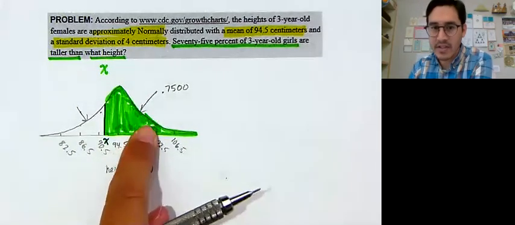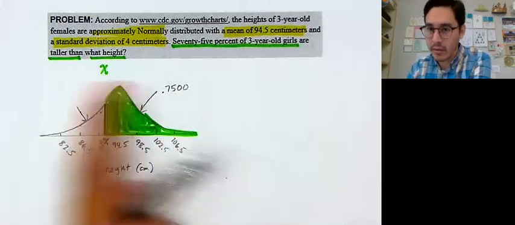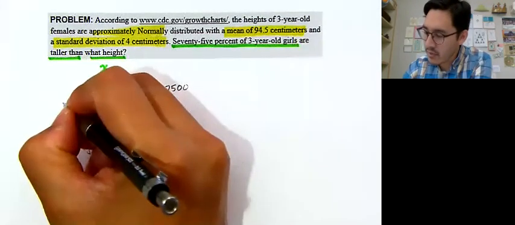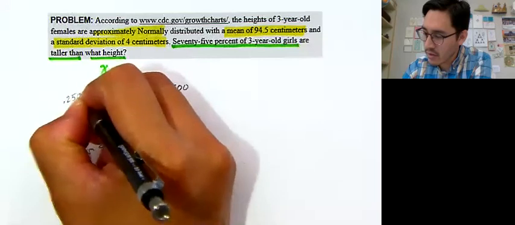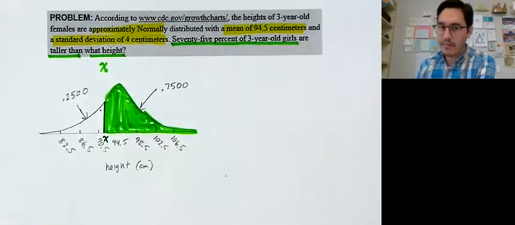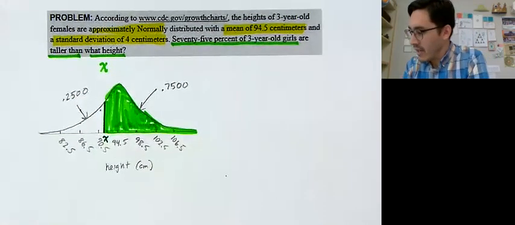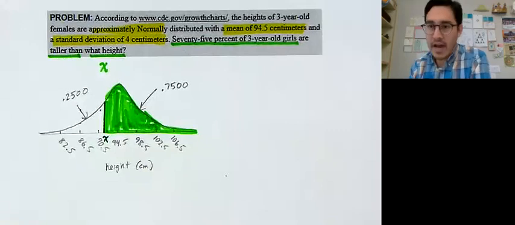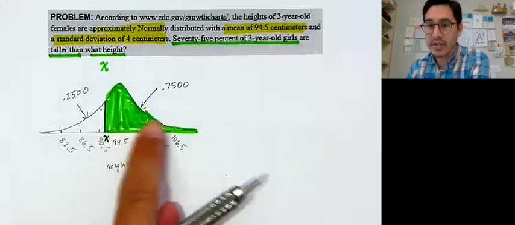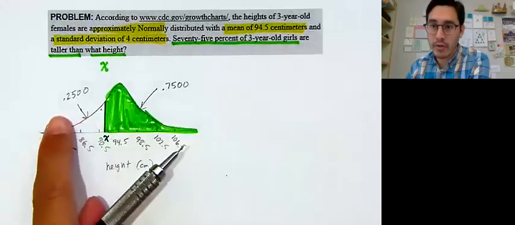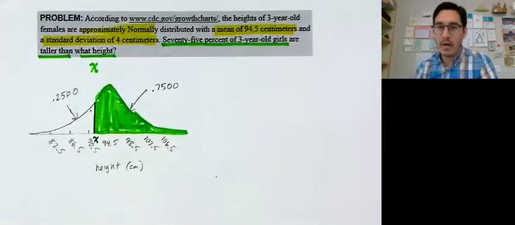Well, if this is 75% on this side, the total area would be 100%, then this would have to be 25%. All right. So we have actually two percentages. We have the percentage taller than, and we have the percentage shorter than.